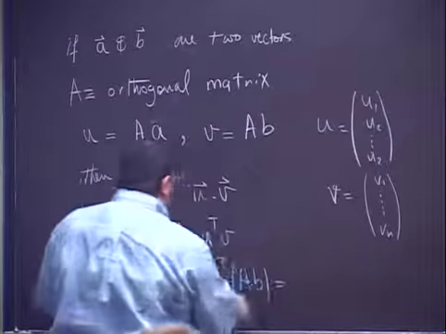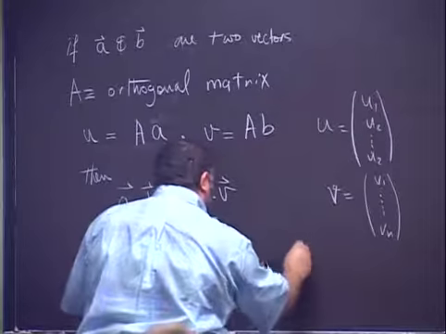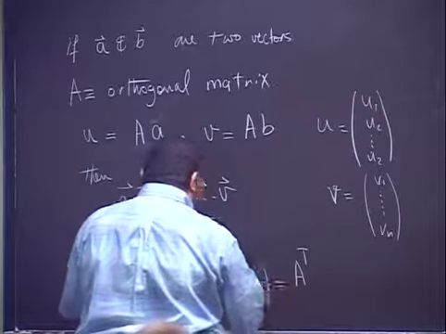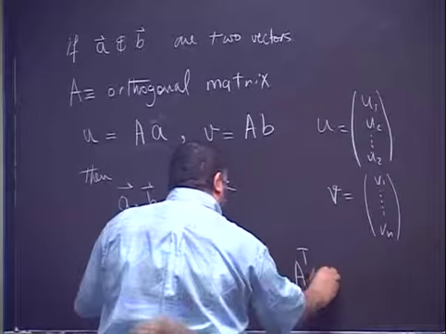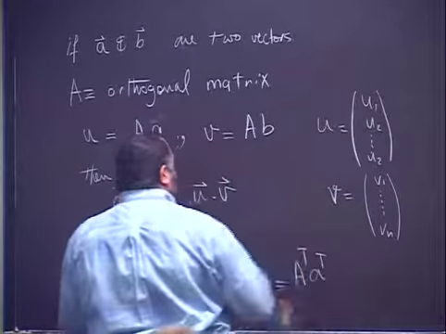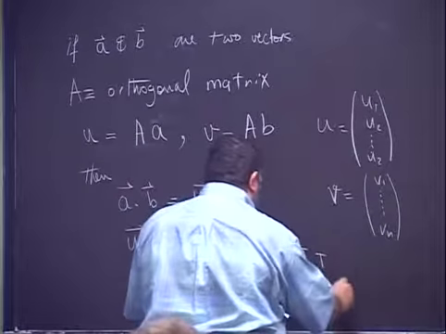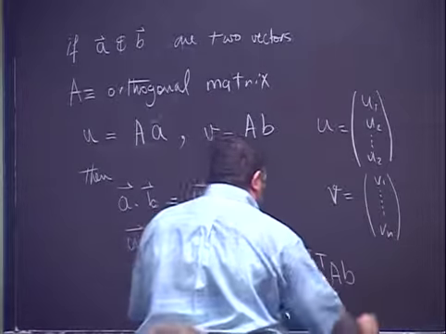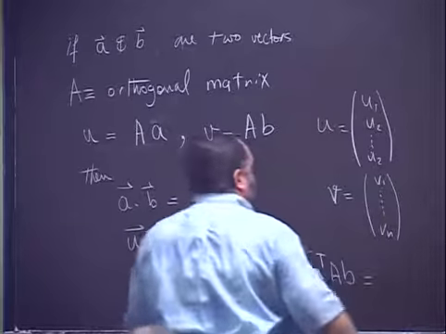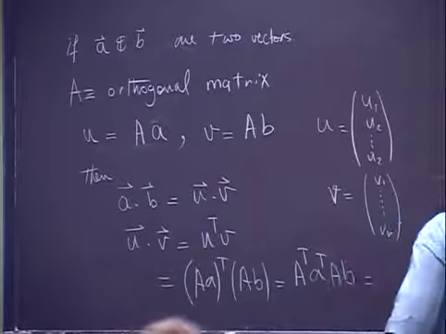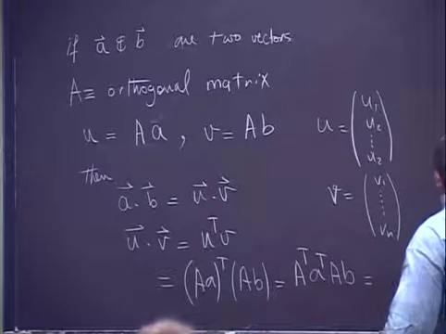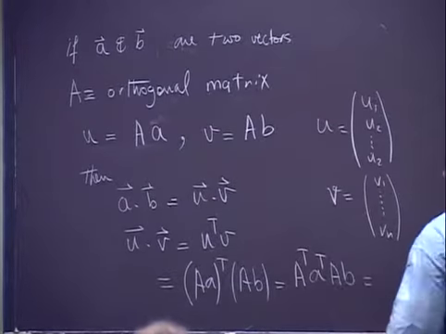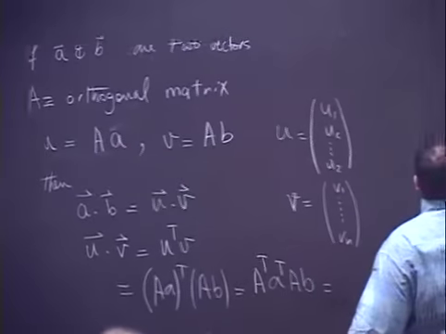Then you take the transpose, so this will give you a transpose, the transpose for the vector a, multiplied by A multiplied by b, and again you can rewrite this as a transpose, capital A transpose multiplied by capital A b.